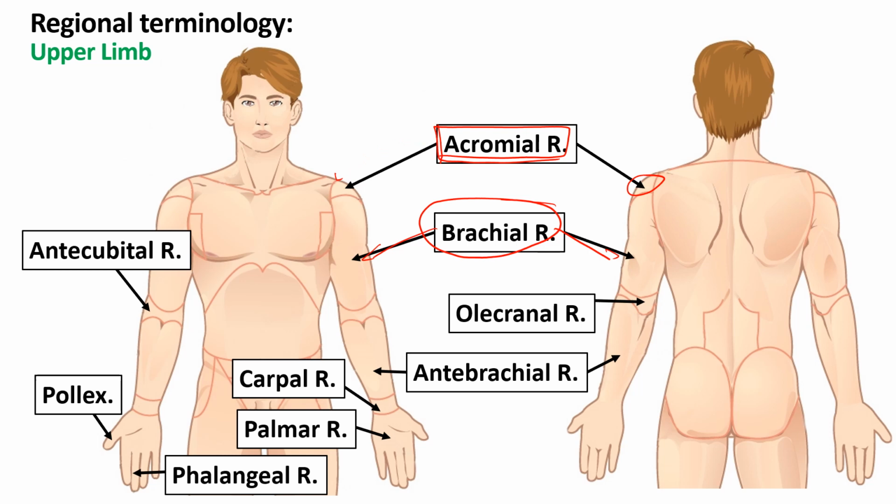Now we have here the arm, the brachial region, and the forearm is the antebrachial region, in front and back. Now, between the brachial and the antebrachial region, we have a name for this region in front: it is called the antecubital region.